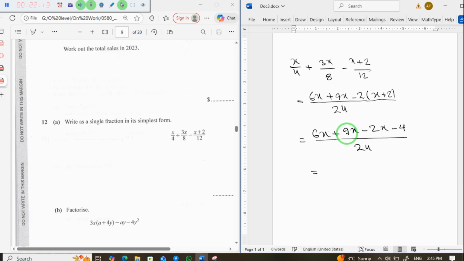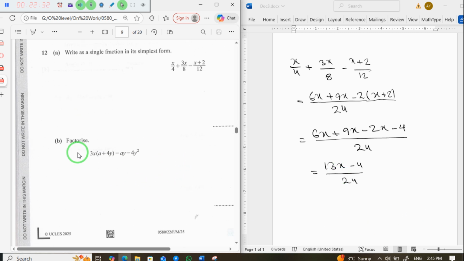Then 6x plus 9x is 15x, minus 2x, 13x minus 4 over 24. This is the simplest form of this fraction. It was very easy.